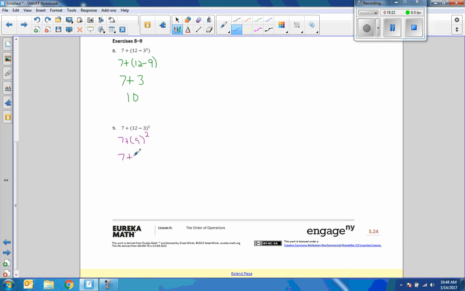So it's going to be 7 plus 81. 7 plus 81 is 88. So notice that the numbers were all the same. The exponent got moved outside of the parentheses, and I went from 10 to 88 because I'm squaring the difference of 12 and 3 rather than just squaring 3 and subtracting that from 12.